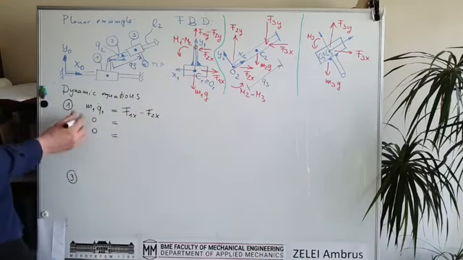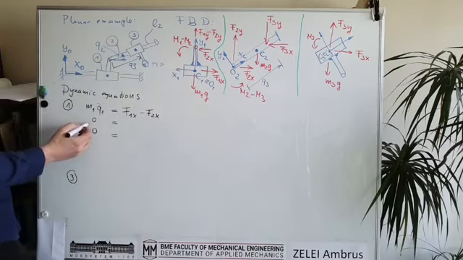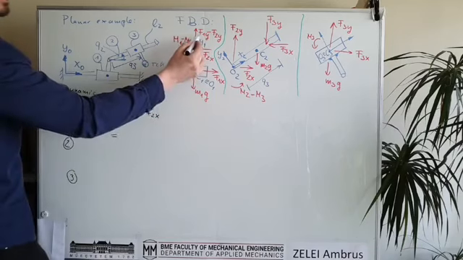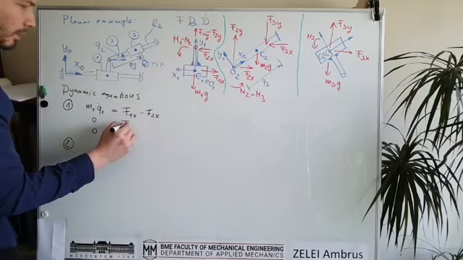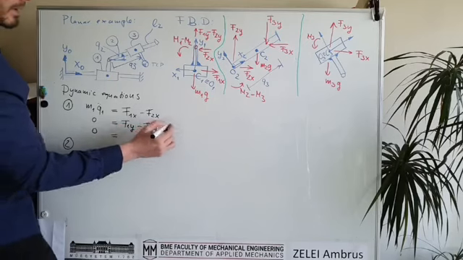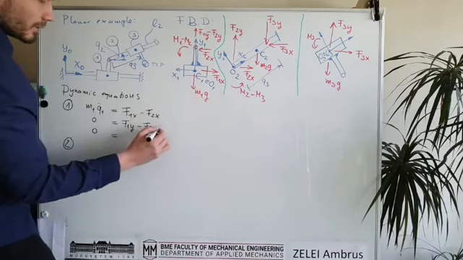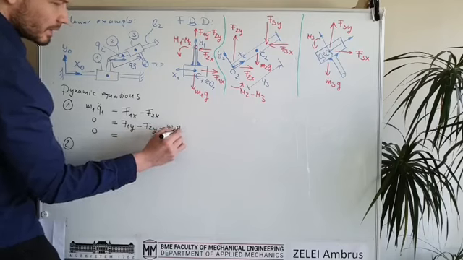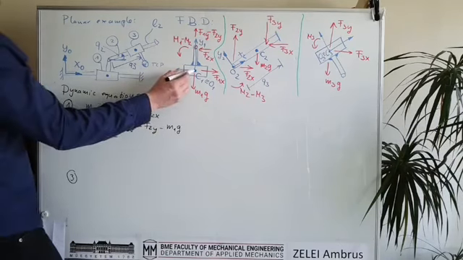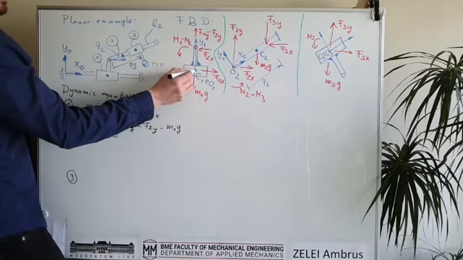In the vertical direction, there is no acceleration because it is constrained, so there is f1y minus f2y, and additionally we also have the gravitational force. So these are the sum of the forces, and we also have to take the sum of the torques acting on the center of mass.